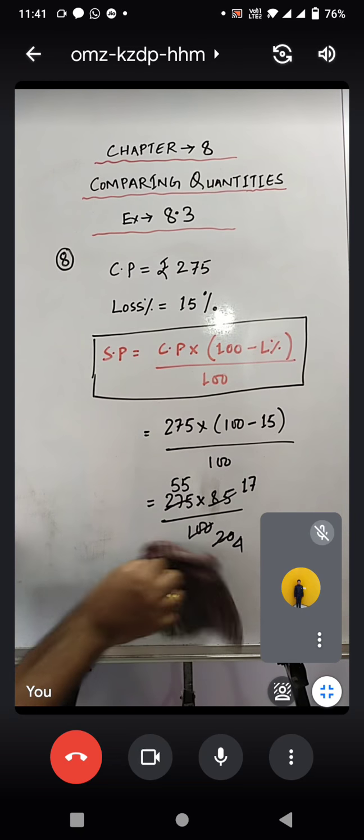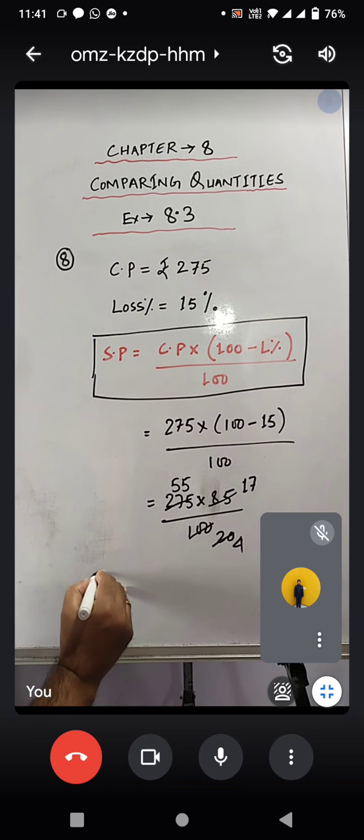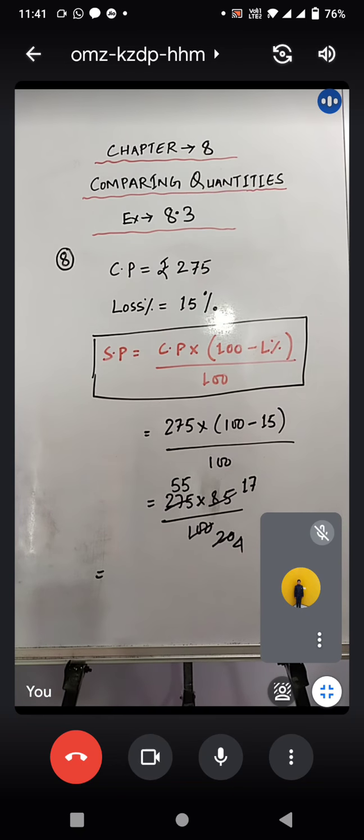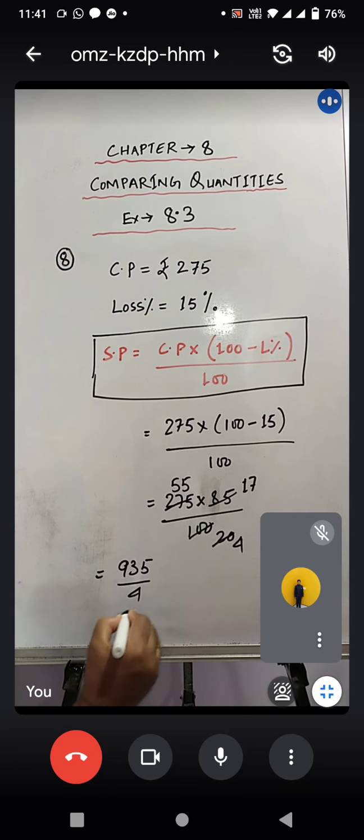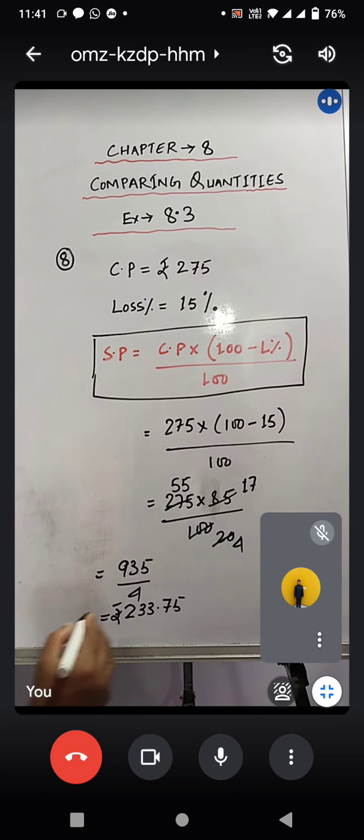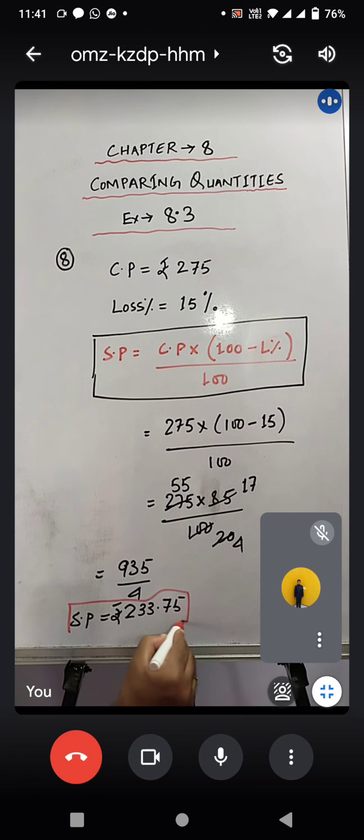So if I multiply this, my answer would be 935 by 4, and when we divide this 935 by 4, my answer would be rupees 233.75. So this is your SP, students, and this is your required answer. So this is the solution of question number 8.